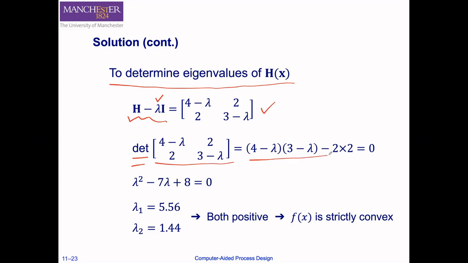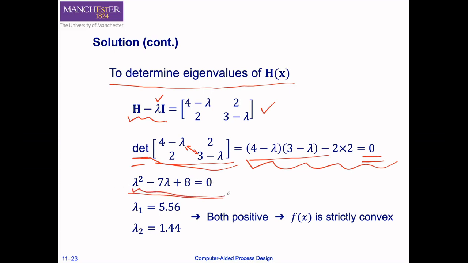That should be this one, (4 minus lambda) times (3 minus lambda) minus 2 times 2. And we let this determinant be equal to 0. Then we get this one. After arrangement, then we can get this one. Lambda squared minus 7 lambda plus 8 is equal to 0.